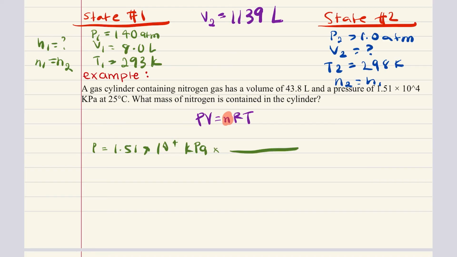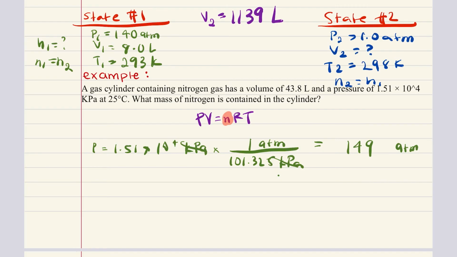What is the conversion? 1 atmosphere is equal to 101.325 kilopascals. We write 101.325 kilopascals in the denominator so that our units cancel out, and then we write 1 atmosphere in the numerator. Kilopascals cancel out. We're going to get our final answer in units of atmosphere. If we plug this into a calculator, we get 149 atmospheres.